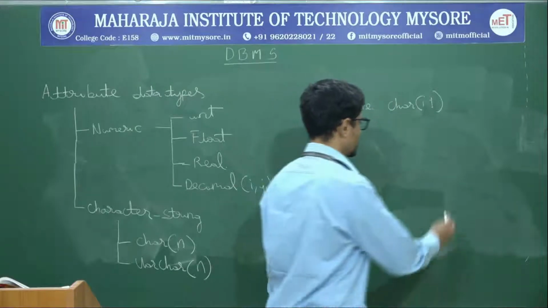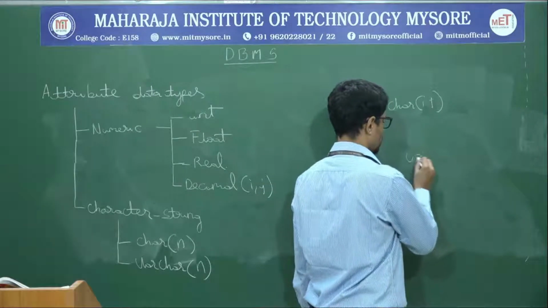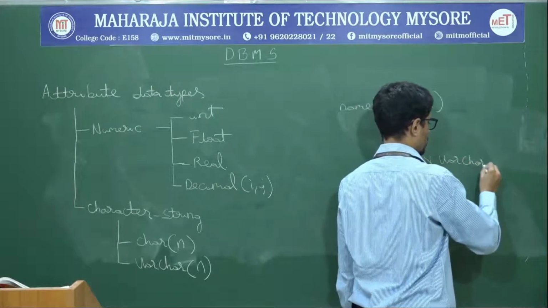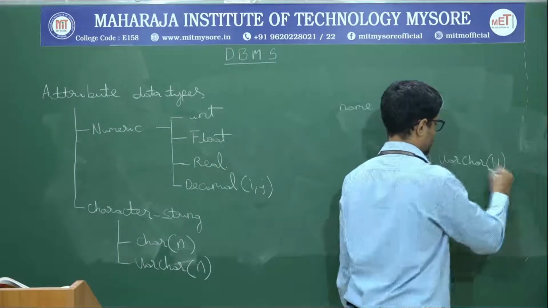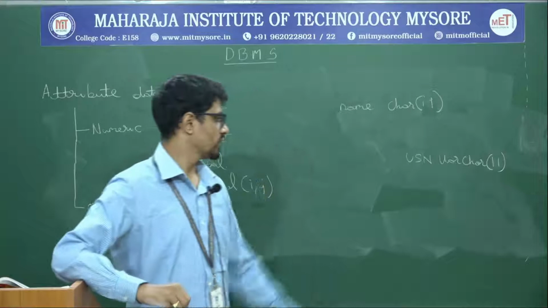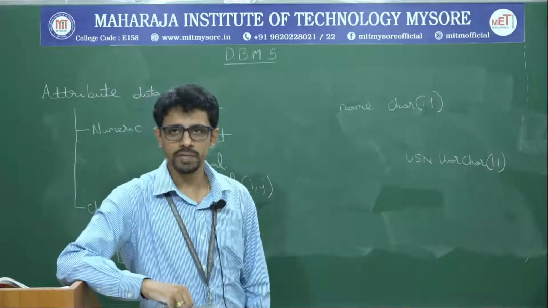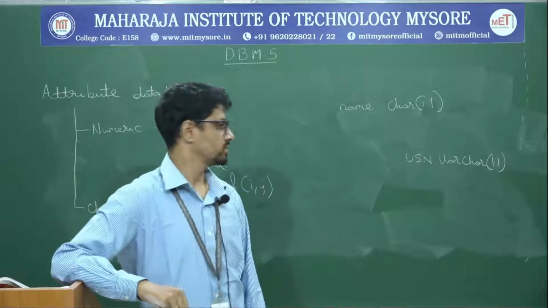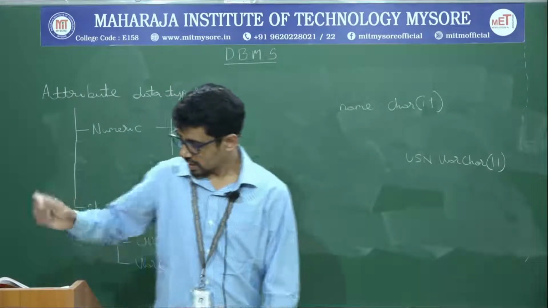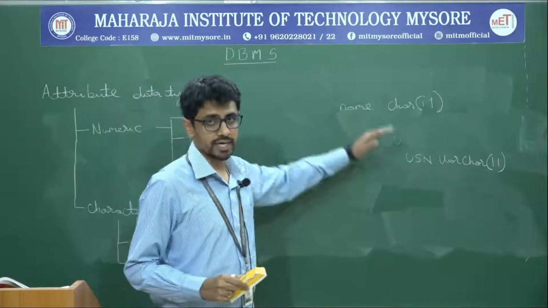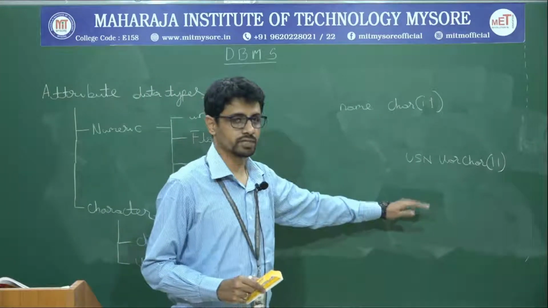So as I said, if I have a USN, I'll go with varchar of some 11 because your USN is 10 bytes. So this way you can have a variable character being used for specifying combinations of characters and numbers.